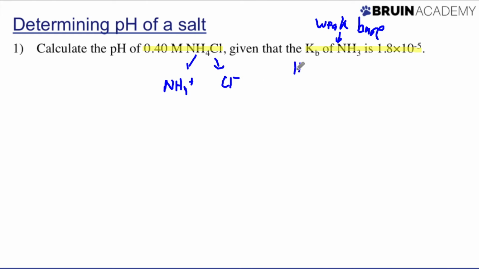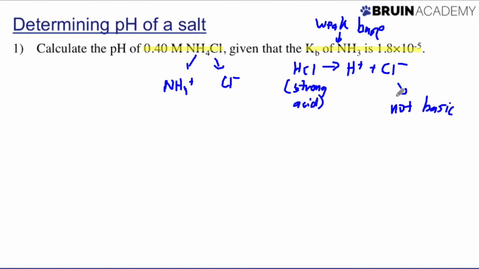This comes from HCl. And then HCl is a strong acid. So we know that HCl is a strong acid, which means that the Cl minus is not basic. So even though it's a conjugate base, it does not contribute to the pH.